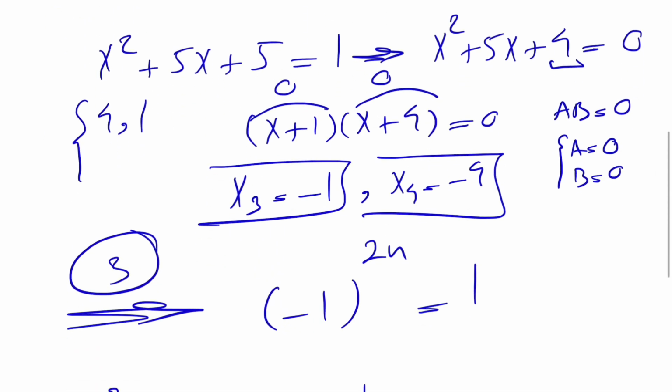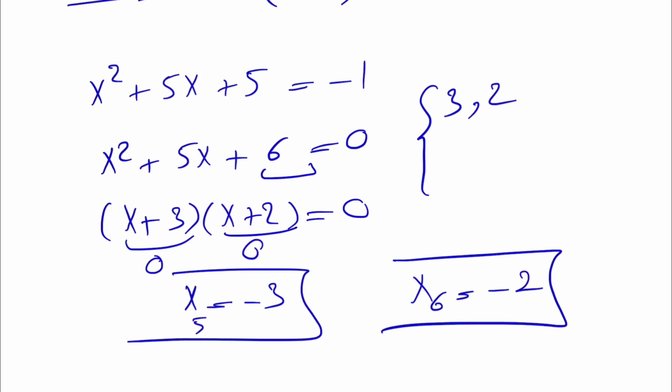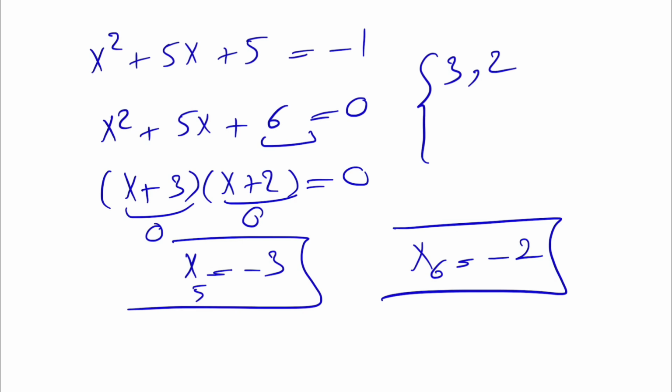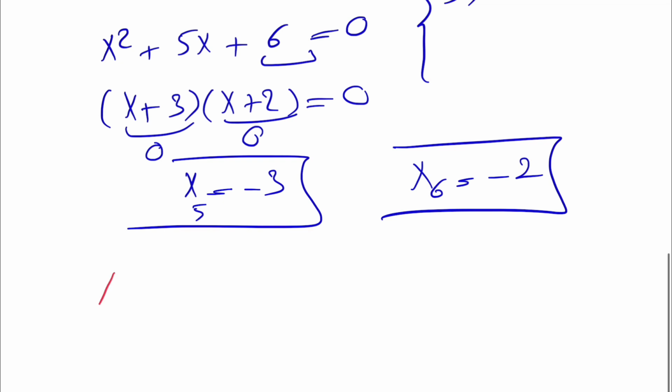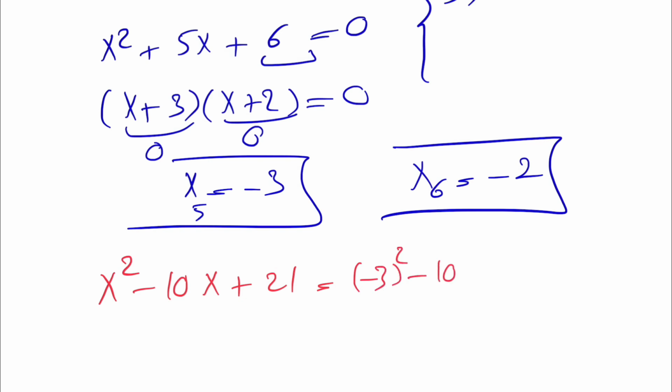In the last condition, as I mentioned, we have two conditions, and once we get minus 1 as the base, we have to make sure that the exponent is an even number. The exponent was x squared minus 10x plus 21. If we put x as minus 3, we'll have minus 3 squared minus 10 times minus 3 plus 21.